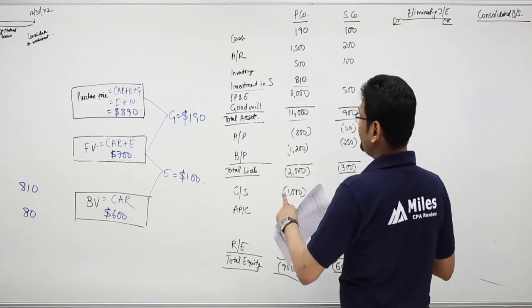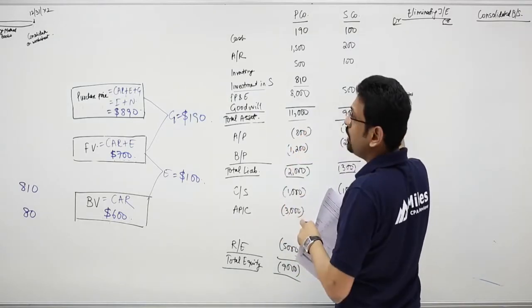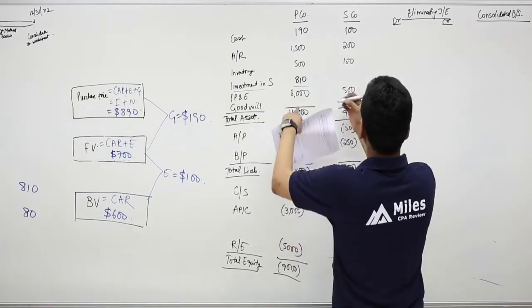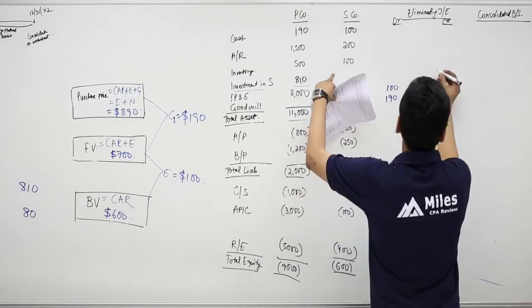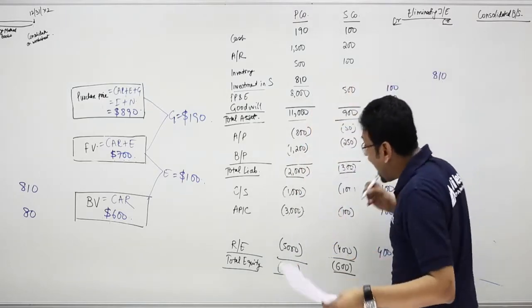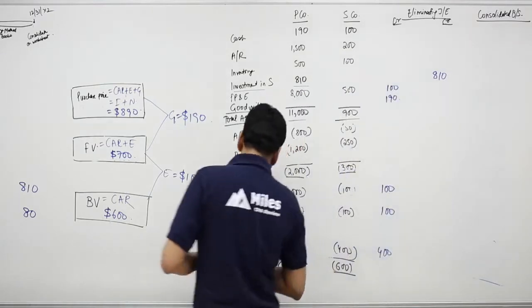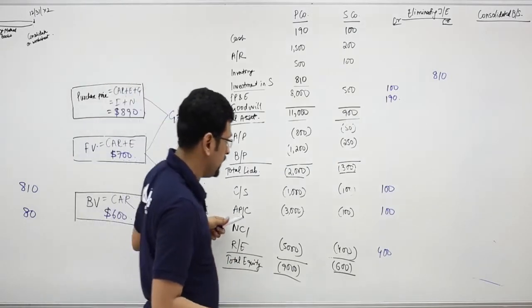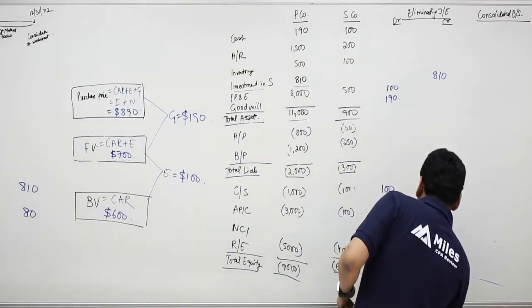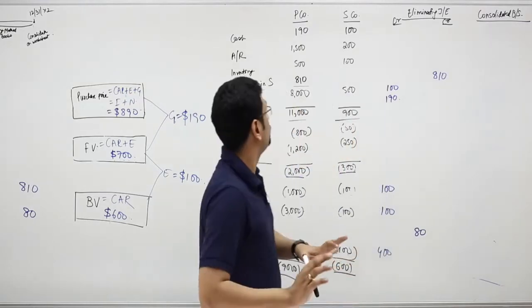Then we're going to have excess fair value for the equipment of the subsidiary, $100, and we're going to have goodwill, $190. Now on the credit, we got investment, we're going to knock this off, and we are creating an account called non-controlling interest, which is part of stockholders' equity. Now this number is $80.